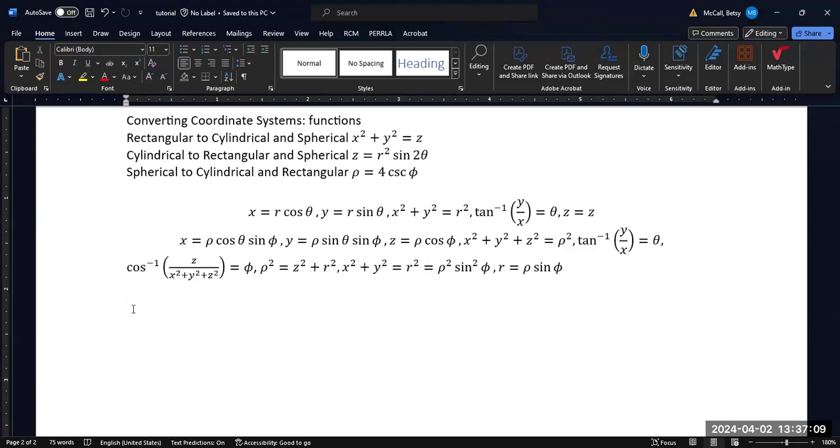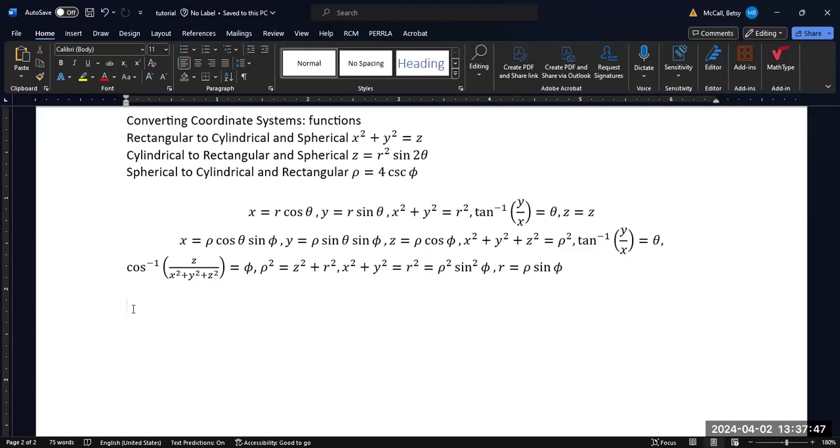Now, sometimes you'll see in textbooks that they'll recommend that you use certain identities to do conversions between, let's say, rectangular to cylindrical or rectangular to spherical, but which identities actually work the best is going to depend on not only the direction that you're converting in, but also whether you're working with points or functions.